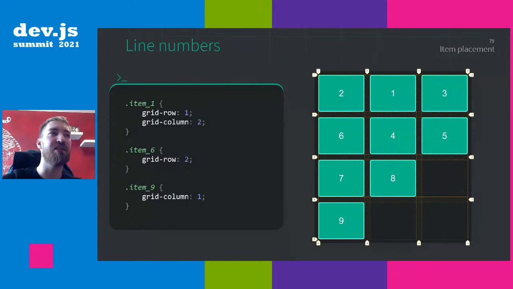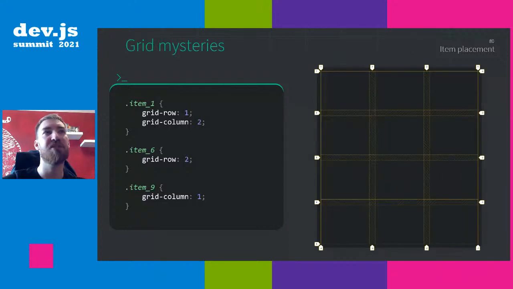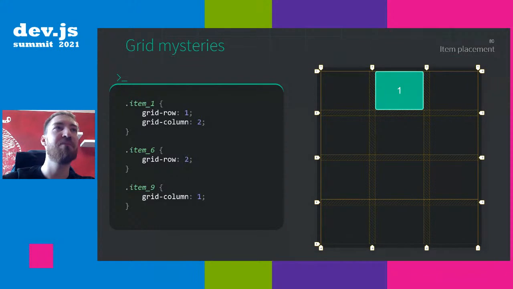And the reason for that is that grid is placing items using a very specific algorithm. And this algorithm is placing the items with the highest specificity first. So if I specify both row and column, this element is called a fixed element, and it will be placed first. So we have element number 1, because it has both row and column defined.